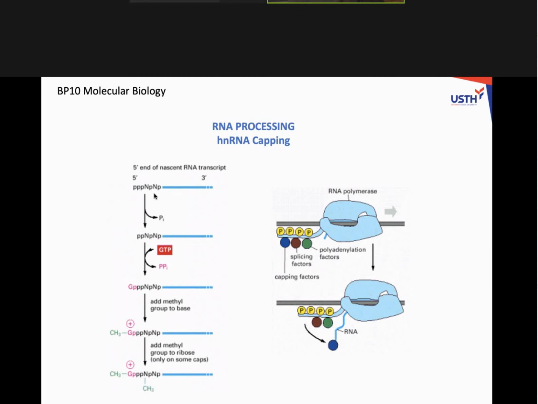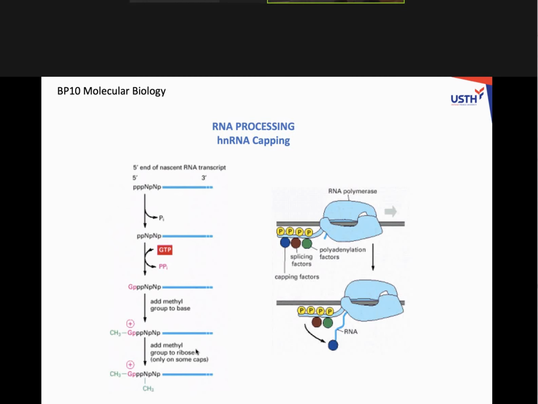Basically, what you have to keep in mind is that from the 5' extremity, which is a phosphate extremity, at the end you have a guanosine that is linked in a very specific way because it's GpppN. So it's linked reversed compared to the normal nucleotide, and it's methylated, moreover. This is what we call the cap of the RNA.